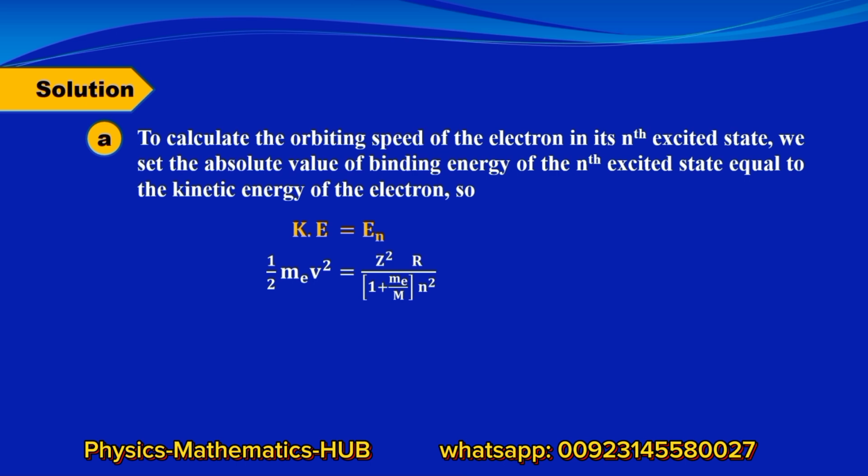Here Z is the atomic number and R is the Rydberg constant. The denominator consists of n, which is the principal quantum number, and a correction term for the reduced mass, where me is the electron's mass and capital M is the mass of the nucleus. This whole term is approximately equal to 1.